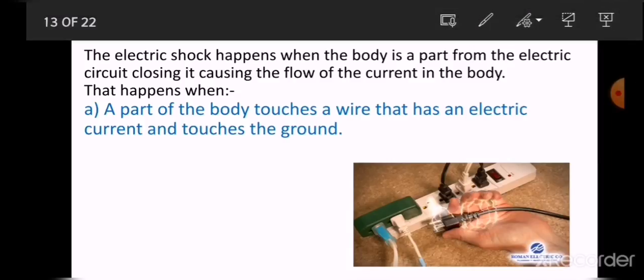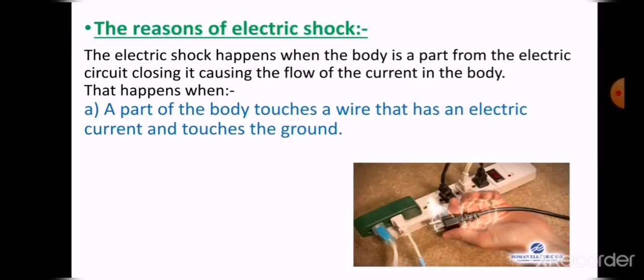What are the reasons for the electric shock? The electric shock happens when the body is part of the electric circuit, closing it, causing the flow of the current inside your body.